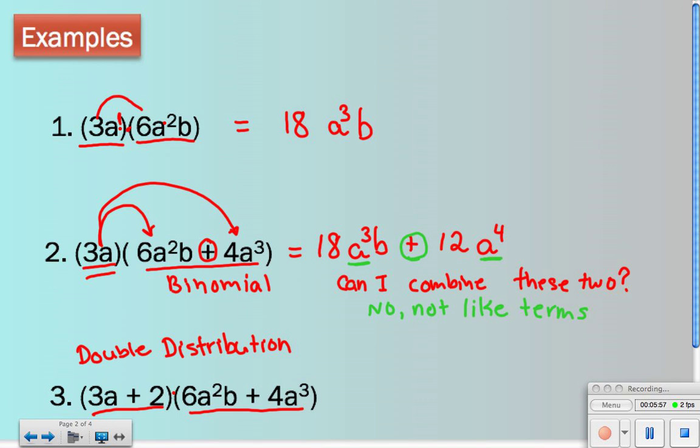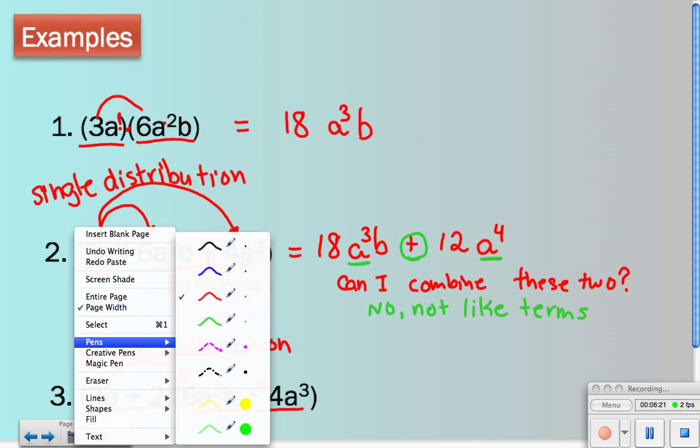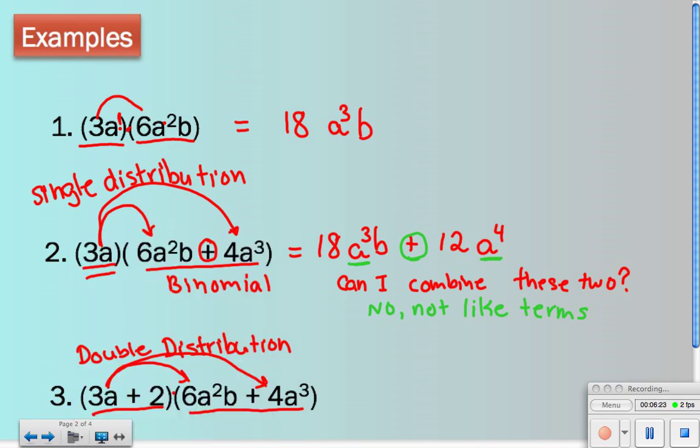Up here, this was a single distribution. I only had one thing to distribute, the 3a. But here I have the 3a, which has to get distributed. And you can see why now it's called double distribution, because then I have to go back and distribute the 2 also.